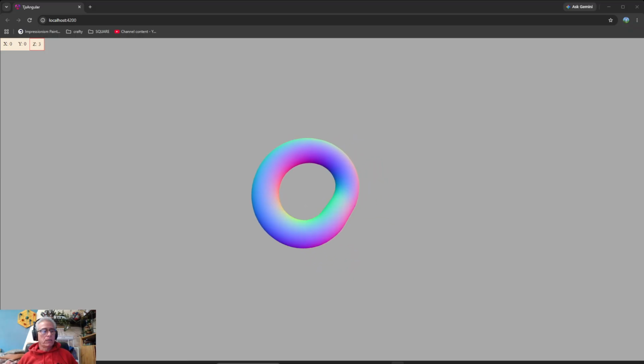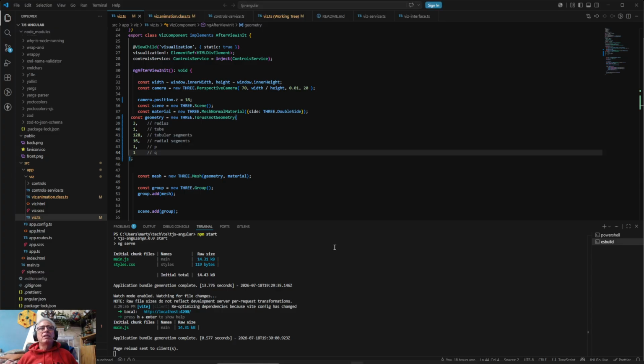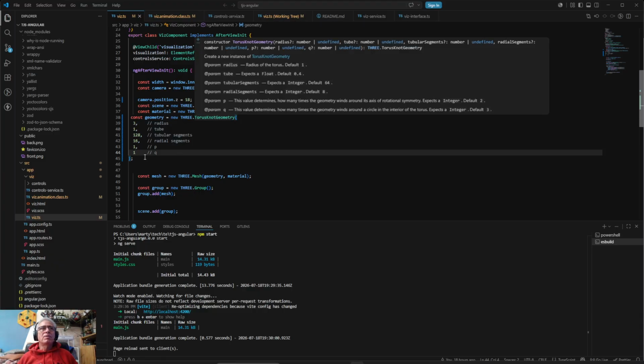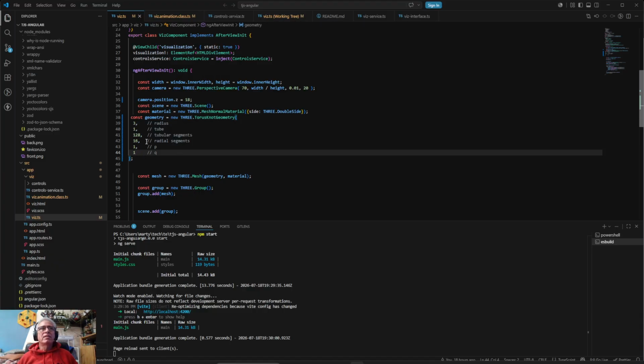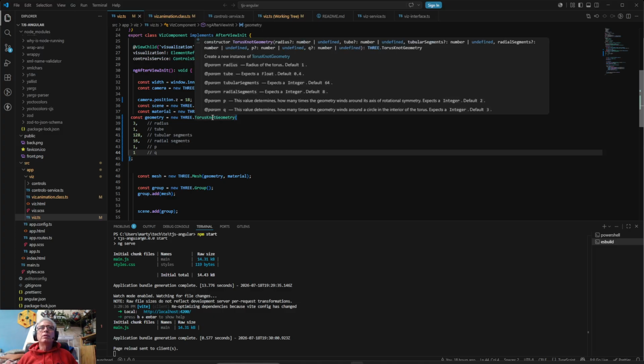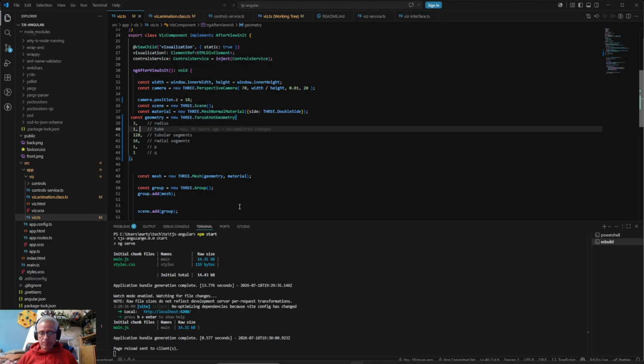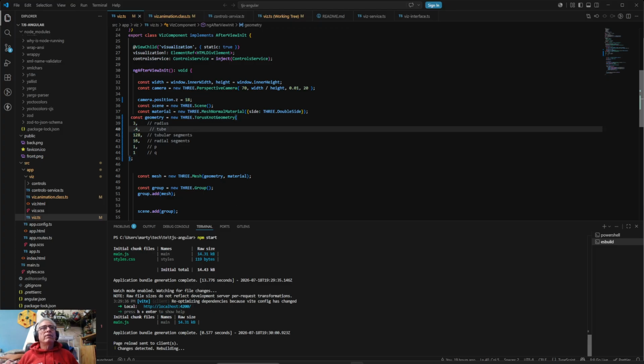This is a torus knot. It's pretty simple to put together. New three torus geometry, pass it in a radius, tube, I guess. I don't know what that means. Tube. So it defaults to 0.4. Let's change it to 0.47. Curious.